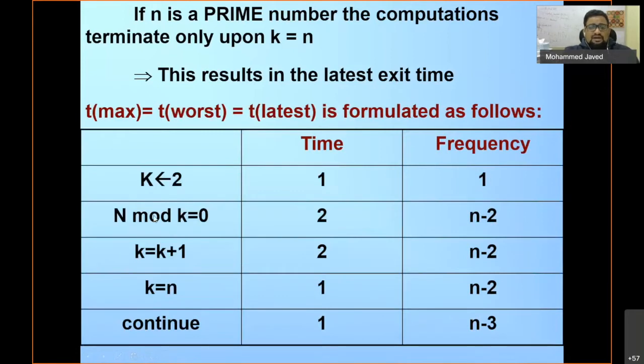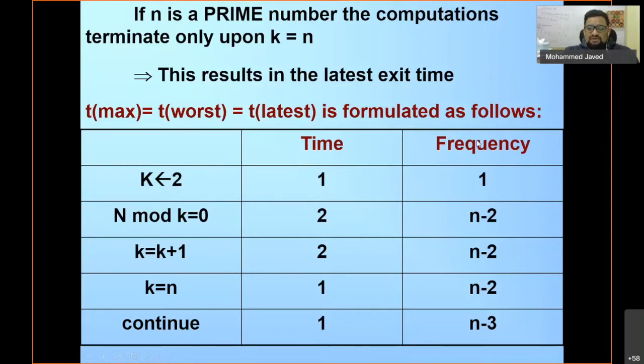Now let me calculate the time for the worst case exit. In this case, k equal to 2 will be executed, n mod k equal to 0 will be executed, k equal to k plus 1 will be executed, k equal to n will be executed, and then continue. The computing time for these operations is 1, 2, 2, 1, 1.